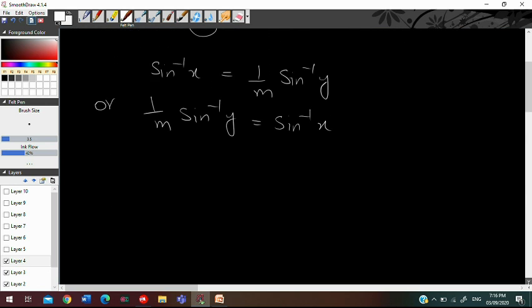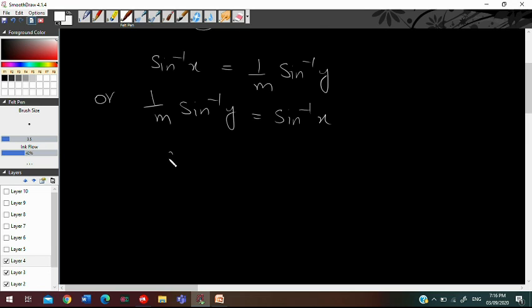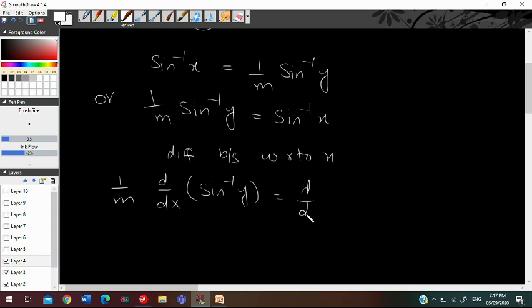Now differentiate both sides with respect to x. So what will happen? 1 by m is a constant, and we apply the derivative on sine inverse of y, and again apply the derivative on sine inverse of x.